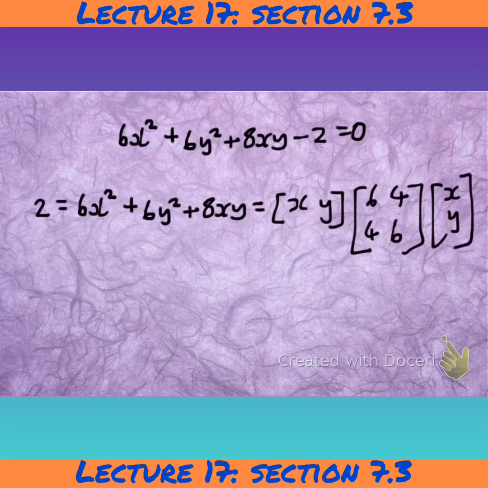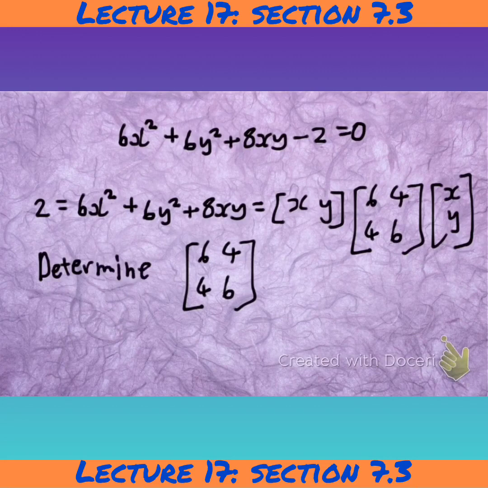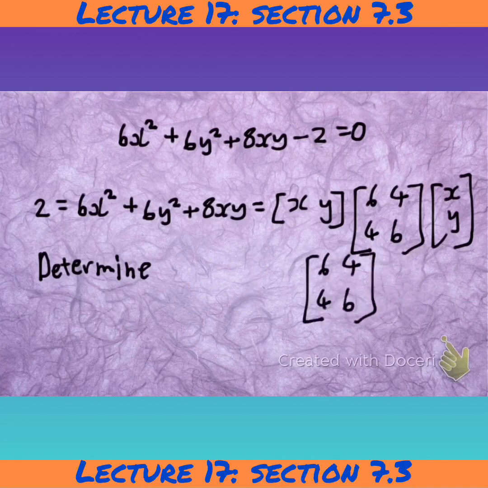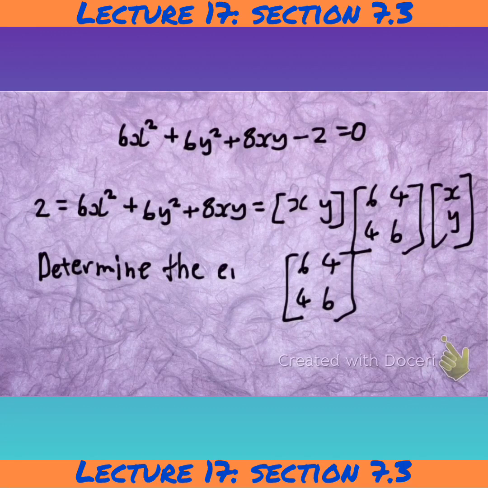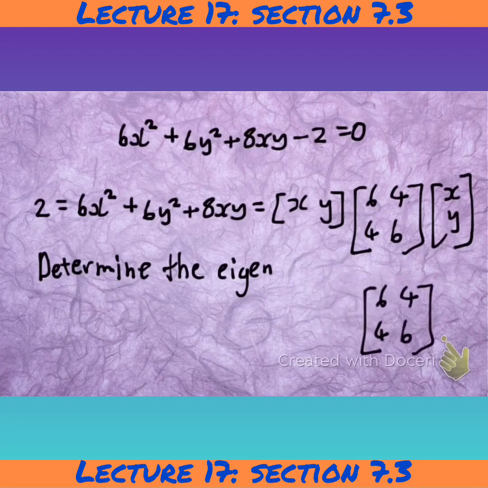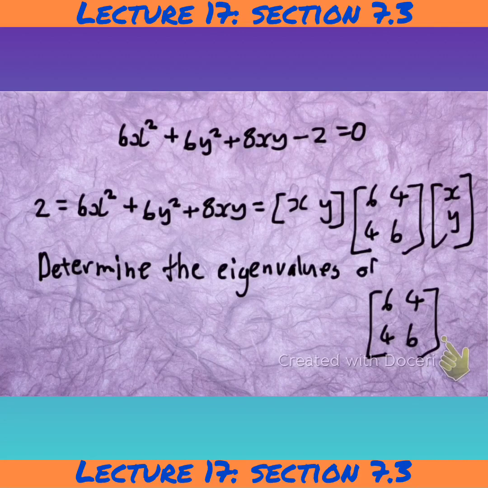Alright, and this is my matrix A, so what we want to do is look at the eigenvalues of that. So we're going to determine the eigenvalues, and that should give us basically a clue.